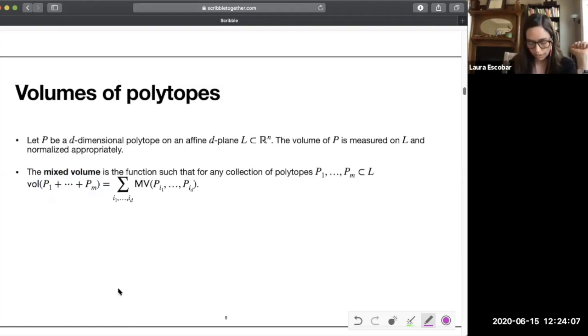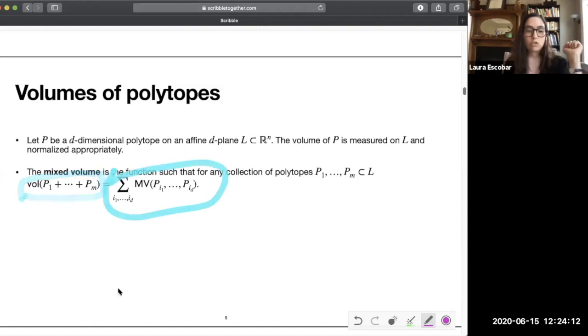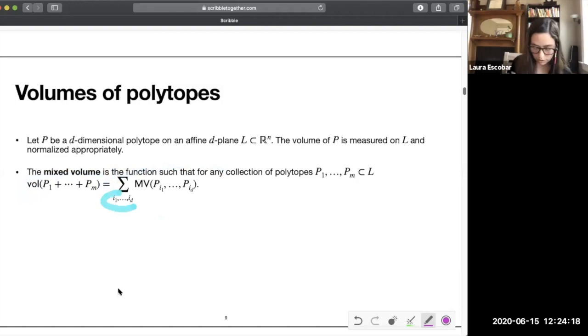So when you want to find the volume of a sum of polytopes, you can just add a bunch of what are called mixed volumes. And I should say that the sum is over all ordered sequences. And so that's the strategy that we will follow to compute the mixed volume.